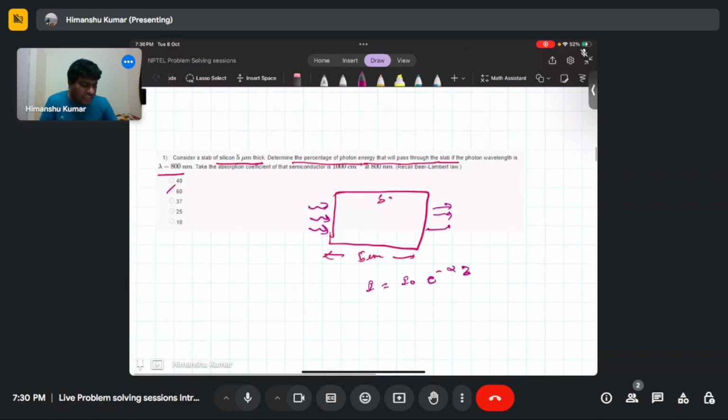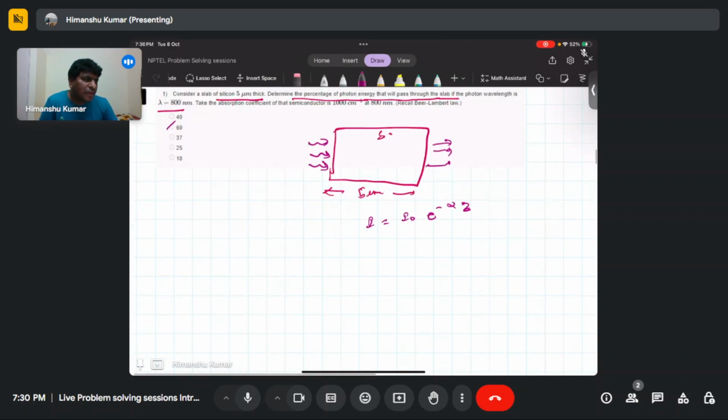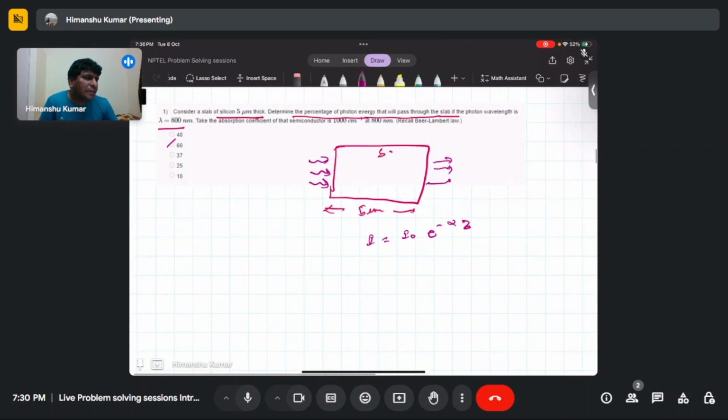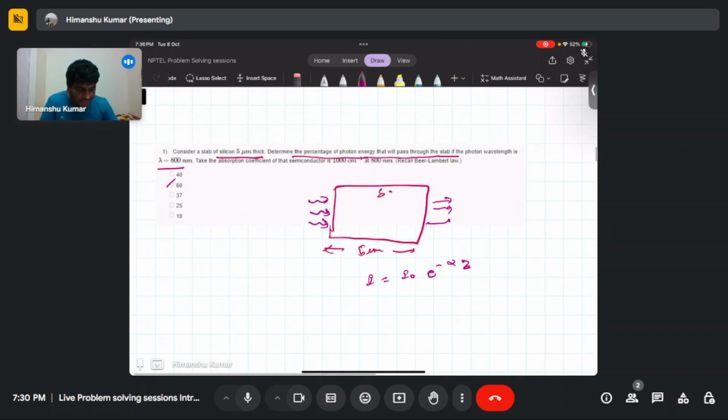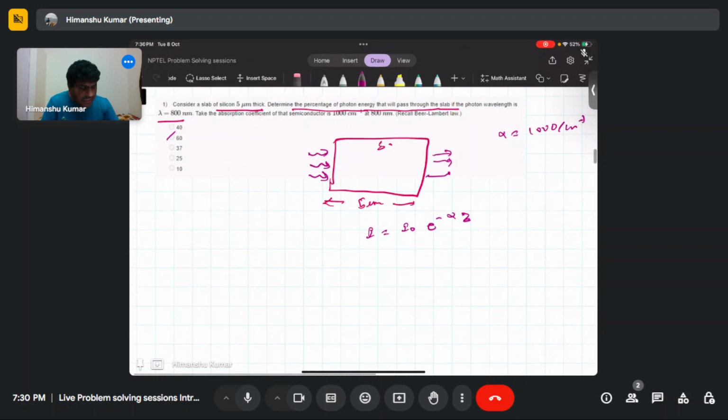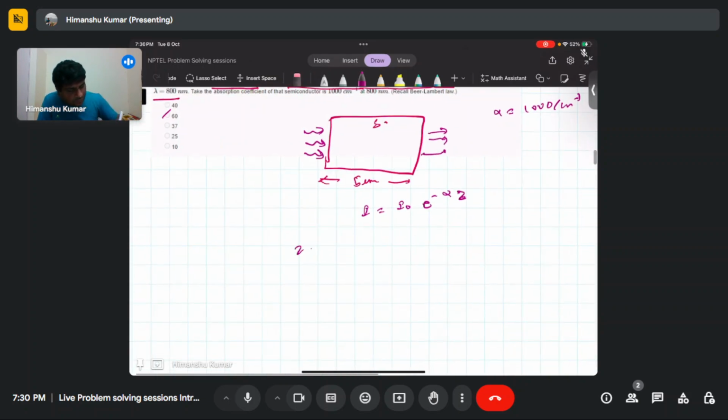So z is given as 5 micron, and the absorption coefficient alpha is given as 1000 per centimeter, and z is 5 micron, so that is 5 into 10 power minus 4 centimeter.